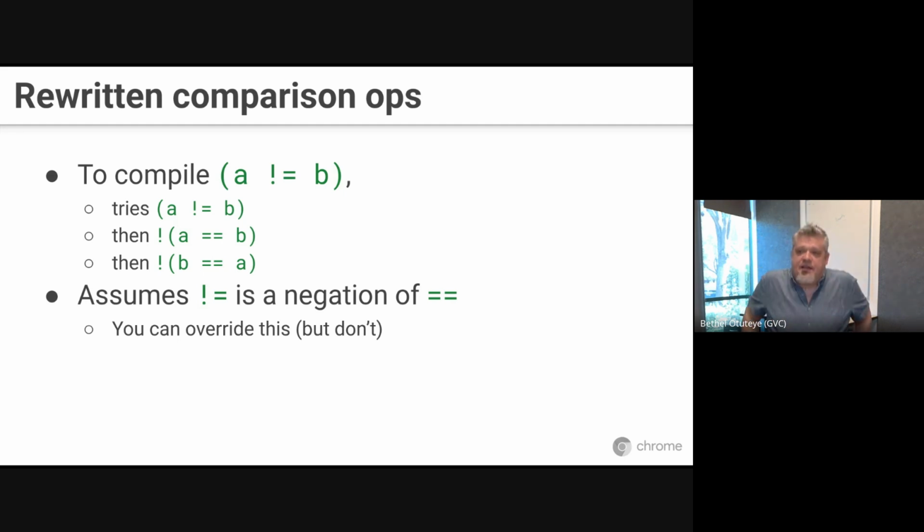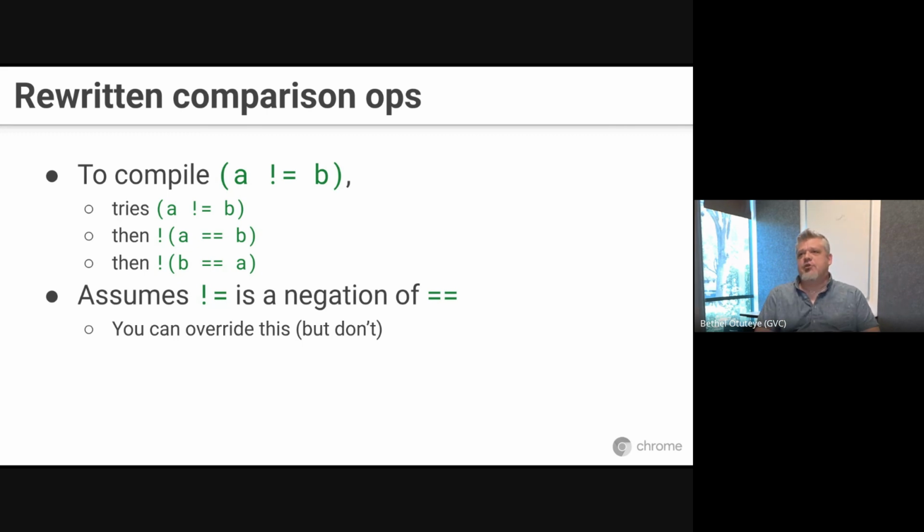And Julian asked, does it not try B not equals A? So in other words, why not try reordering the secondary operator? It turns out, no, it doesn't, and it purposefully doesn't for a reason. And that reason is that if we also supported reordering on secondary operators, we would introduce an ambiguity where you could have different behaviors from a reordered secondary versus a reversed reordered primary.